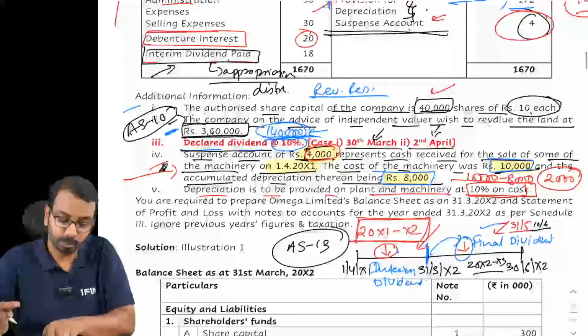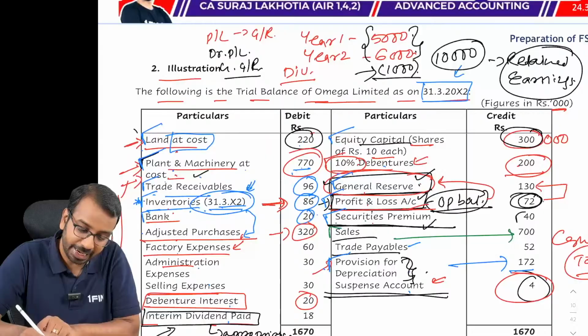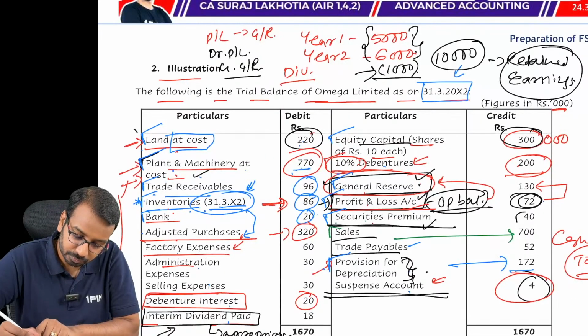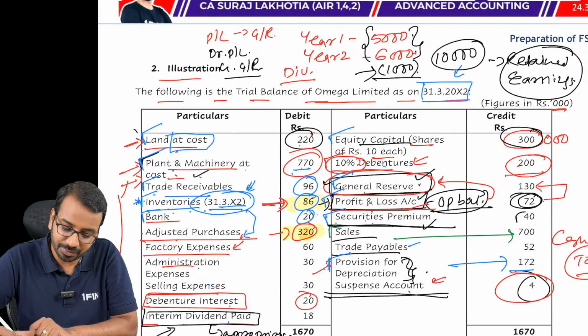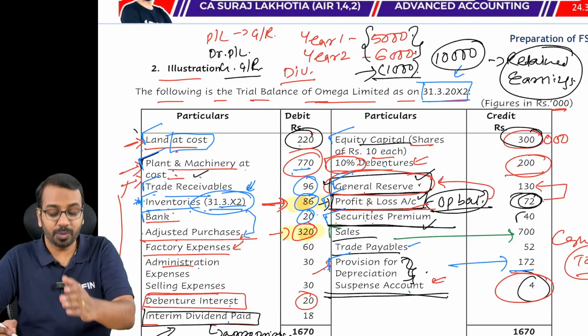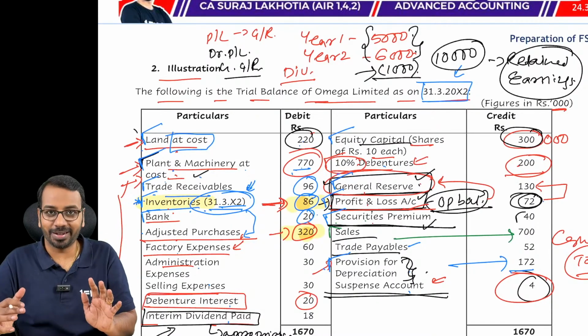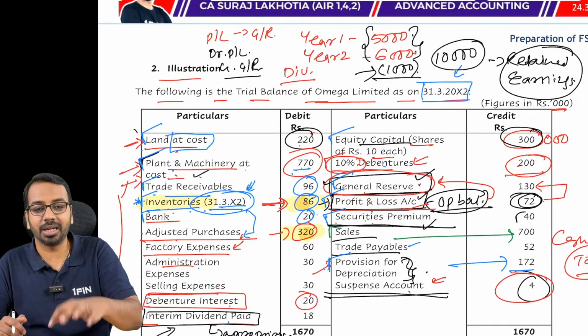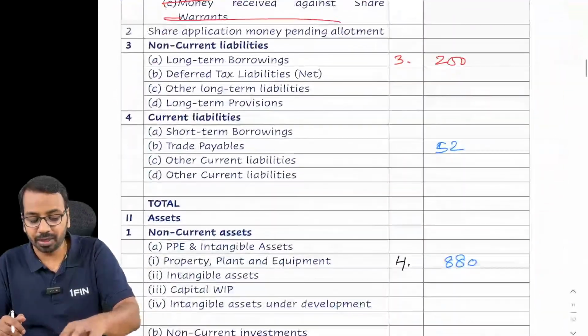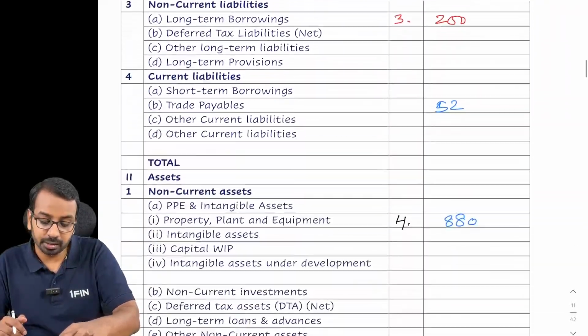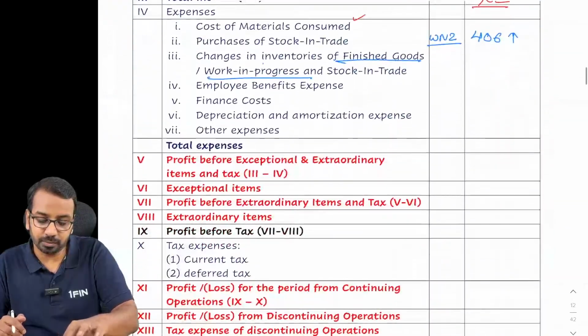So basically what did we do? We added inventory and purchases, which means now this inventory is as if we have moved it out of the trial balance. So 86 is the closing inventory. We need to compute changes in inventory.